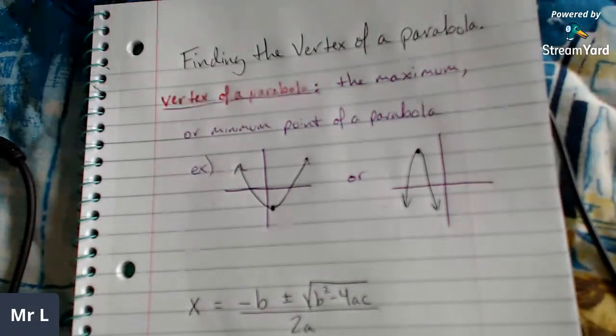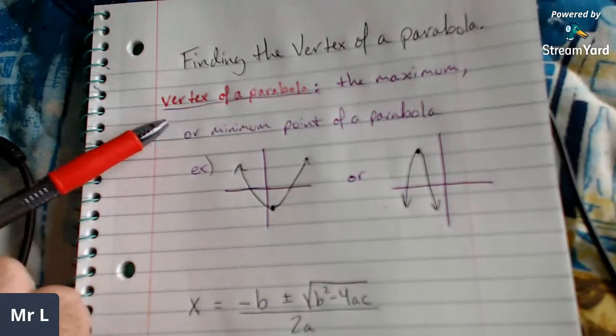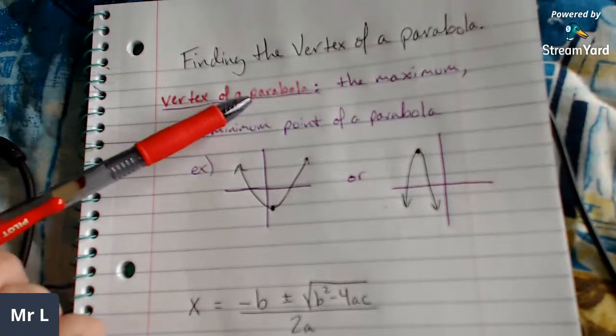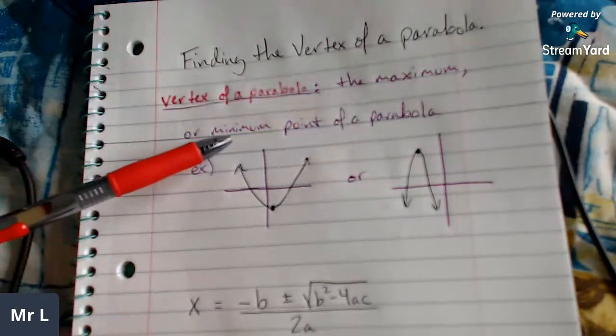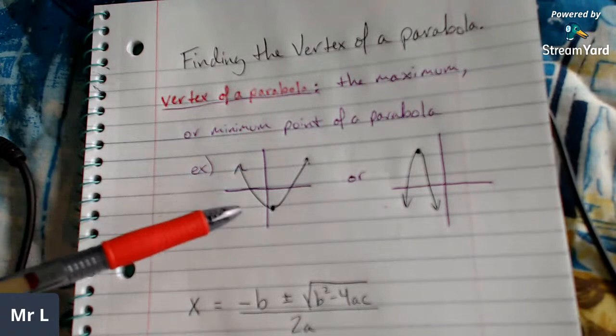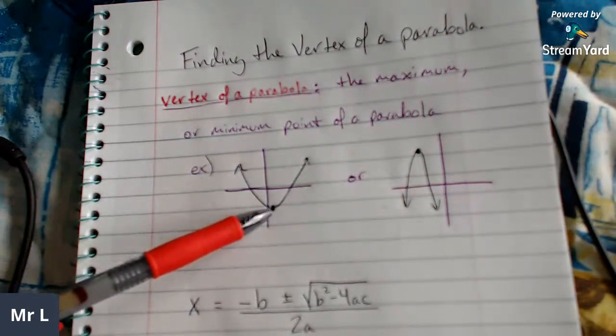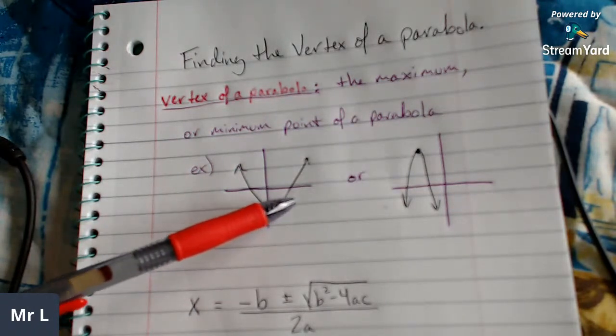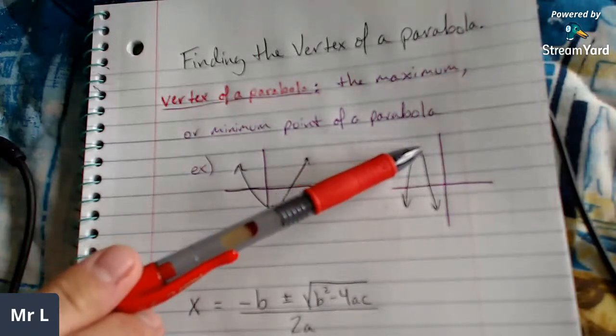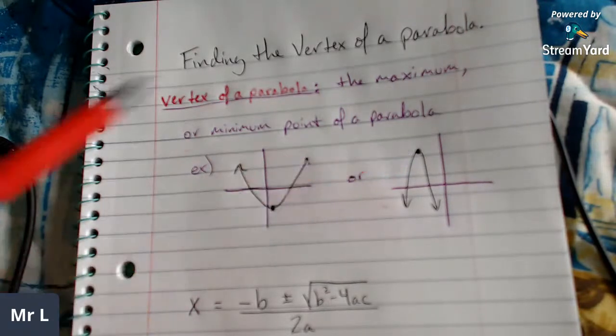So let's first talk terms. The vertex of a parabola is the maximum or minimum point of a parabola. Minimum point being the lowest, maximum point being the highest point.